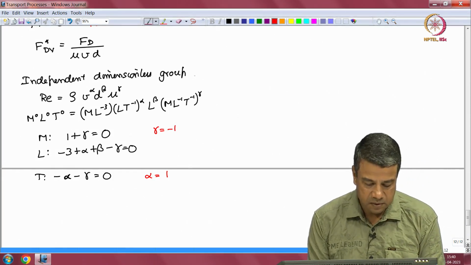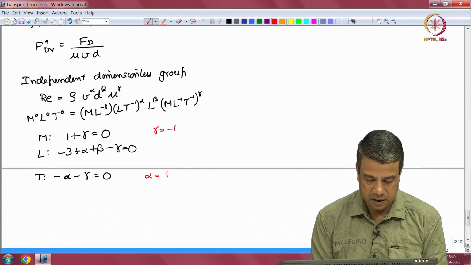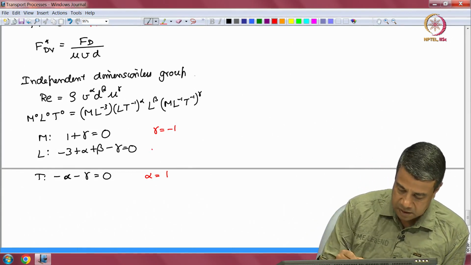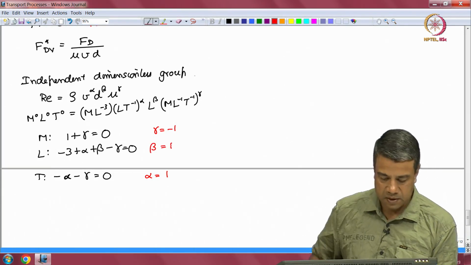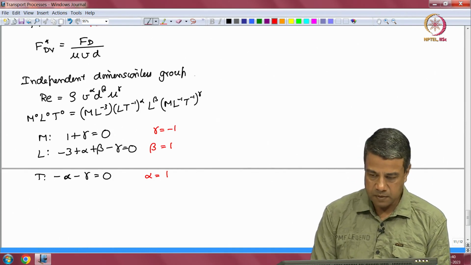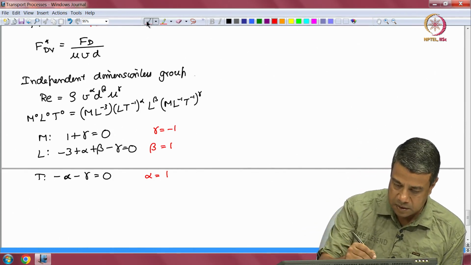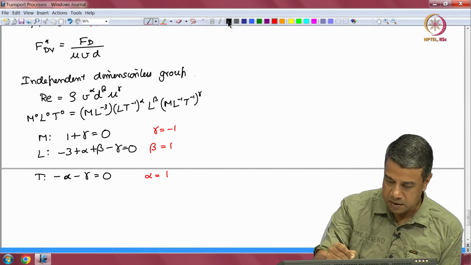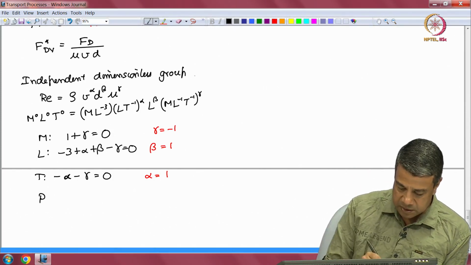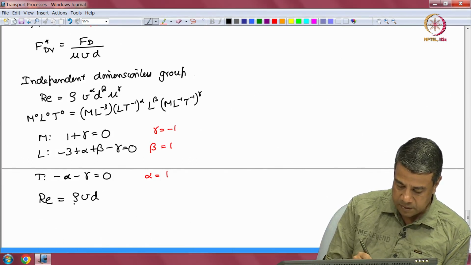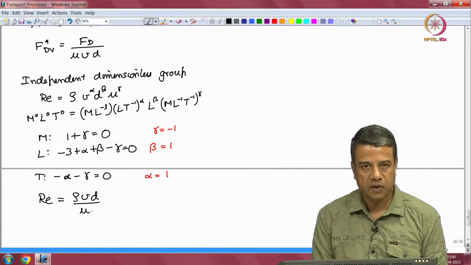I substitute that into this expression for length, gamma is minus 1 and alpha is plus 1, and I will get beta is also equal to plus 1. Therefore, gamma is equal to minus 1, alpha and beta are both plus 1. The dimensionless group is what is called the Reynolds number, rho v d by mu.